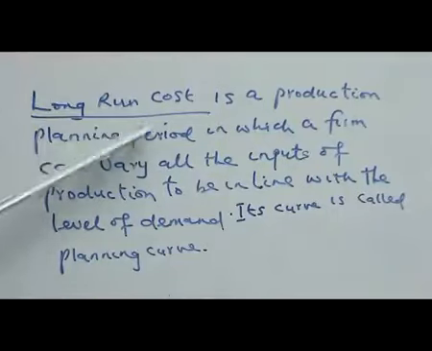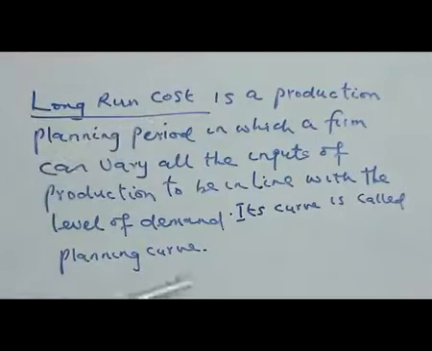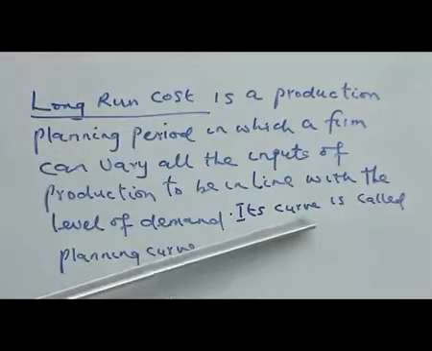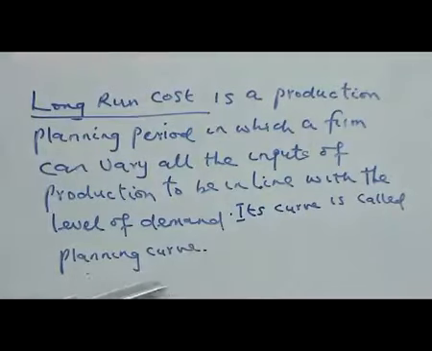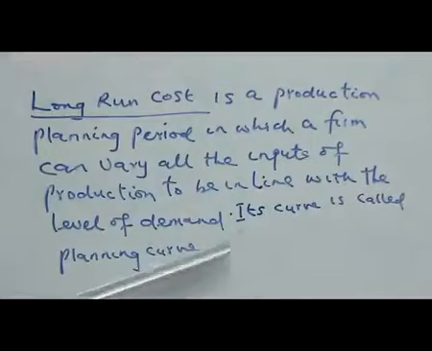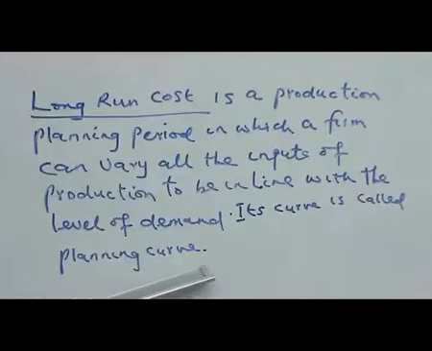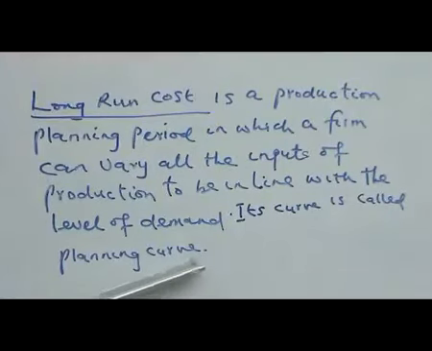So we can also call long run cost planning cost. So if you don't call it long run cost, you can call it planning cost. In that period, nothing like fixed cost. They will only be talking about total cost and marginal cost. So nothing like a fixed cost, nothing like a variable cost.